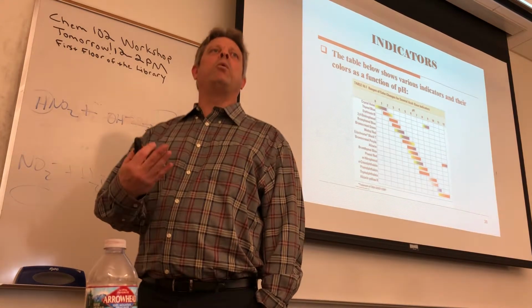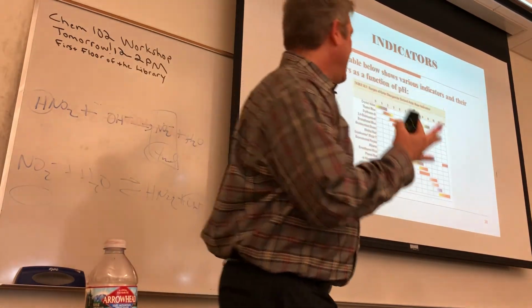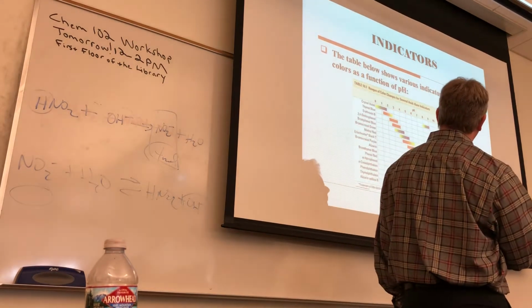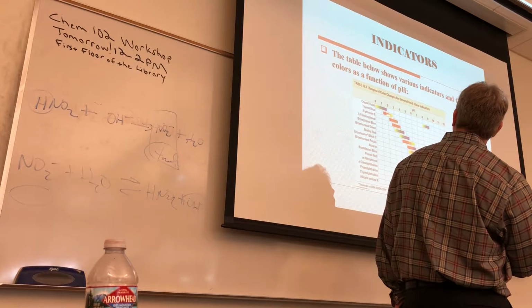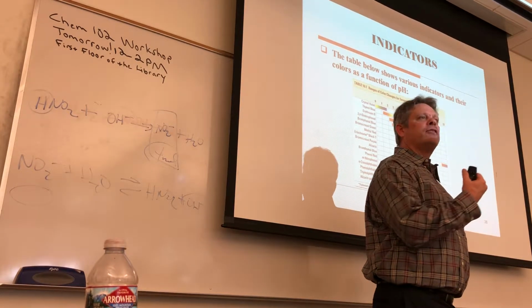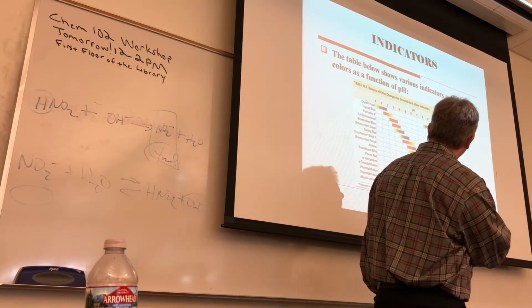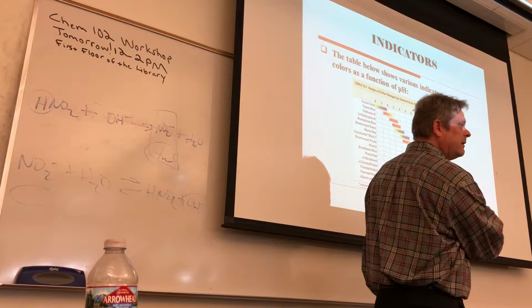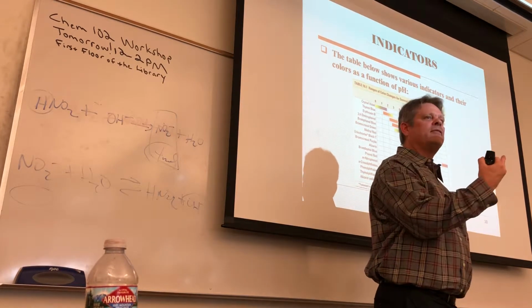So what does that mean? If I have a solution and I want to do a titration, and I titrate, let's say, a weak acid with a strong base, and the equivalence point in that solution is somewhere over here, then this would be a good indicator to use to see where I hit that equivalence point.